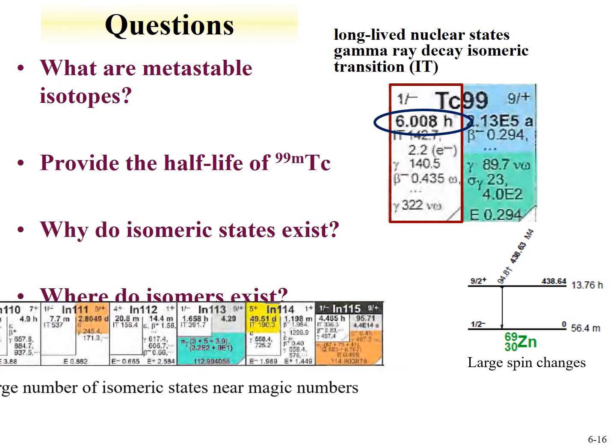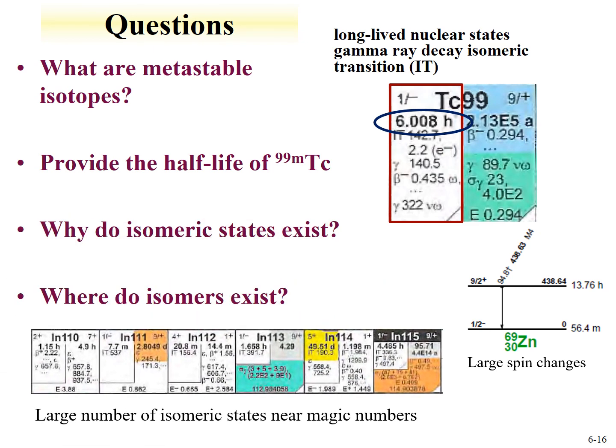Why do these isomeric states exist? Well, it has to do with one of the reasons that also influenced beta decay, which was changes in spin and parity. An example that we talked about in the first slide of this lecture is zinc 69. Zinc 69 has a metastable state that lasts 13.76 hours.